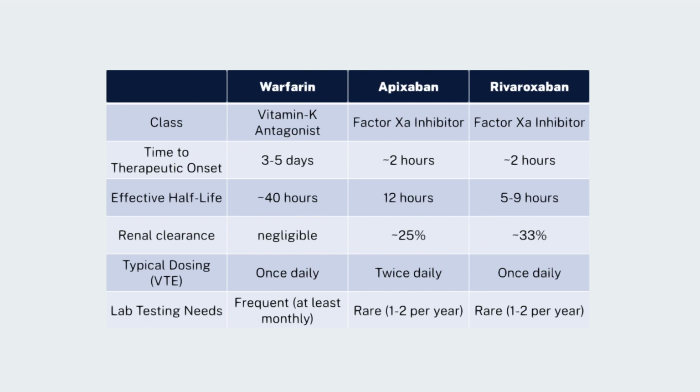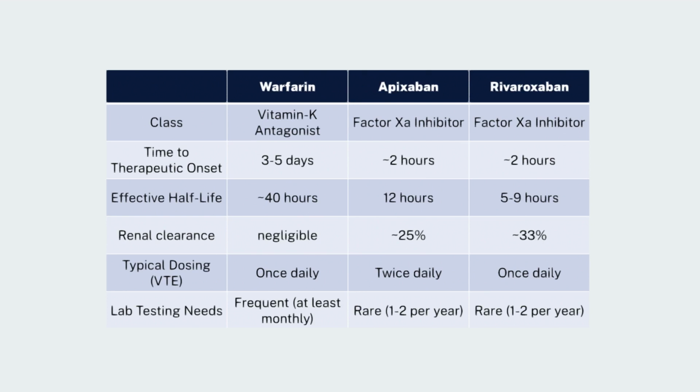a medication. Similarly, the effective half-life of these drugs are also quite different. Warfarin has a very long half-life, estimated to be somewhere around 40 hours. That's why it takes a long time for the effects of warfarin to wear out of the system. That's very different than apixaban, which has an effective half-life somewhere around 12 hours, or rivaroxaban that has an effective half-life estimated between 5 and 9 hours.